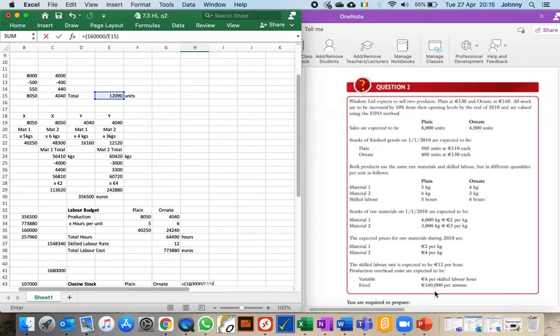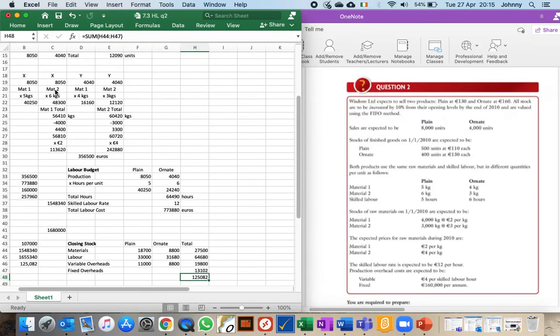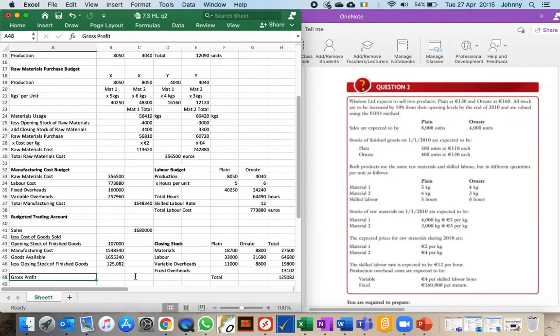So, and then I'll multiply that then by my 2 closing stocks added together, which is 550 and 440. So that is 990. Okay, so that's my fixed overheads. There's the total then. So that's my total manufacturing cost. So that's the number then that I'm going to put in here, sorry, for my closing stock.